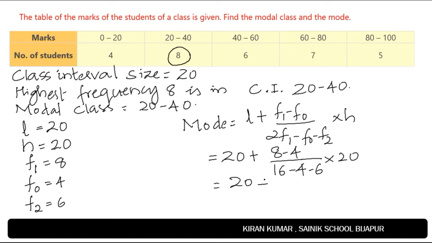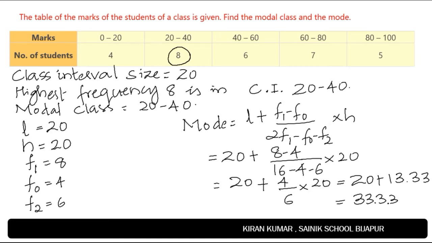On further simplification, we get 4 upon 6 multiplied by 20. 4 times 20 is 80. 80 by 6 is approximately 13.33 recurring. So 20 plus 13.33 becomes 33.33. So the mode of the given observations is 33.33.